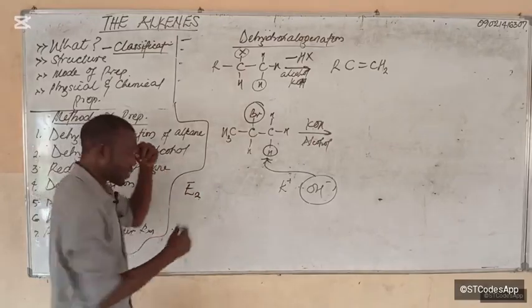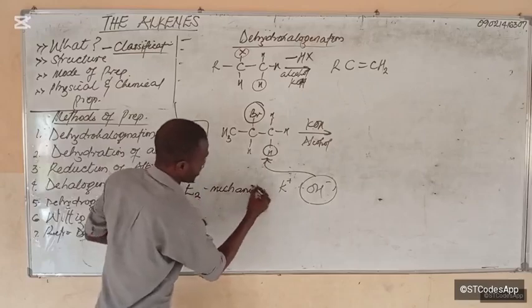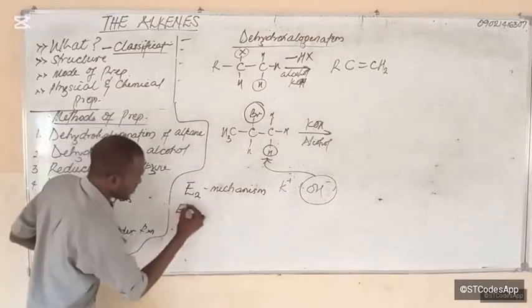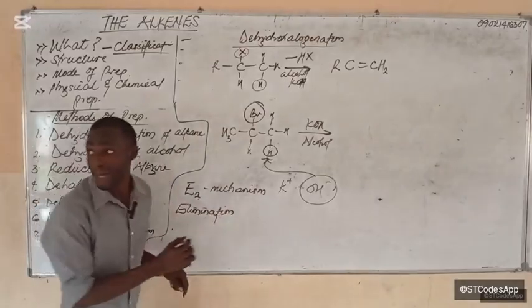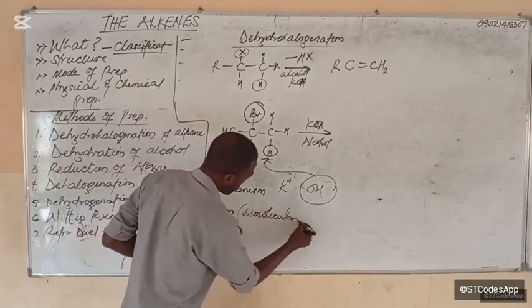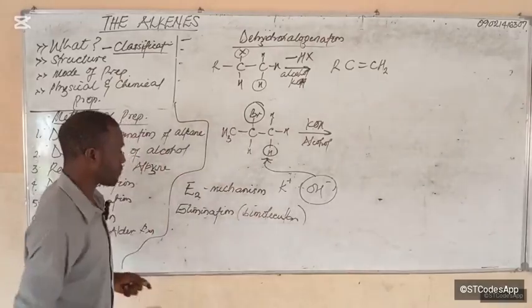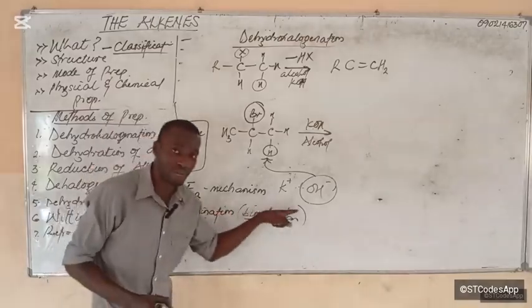Now, what does an E2 mechanism mean? It means elimination bimolecular. E means elimination, 2 means bimolecular.